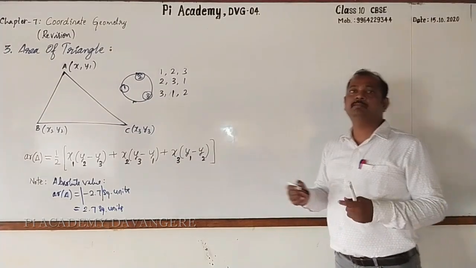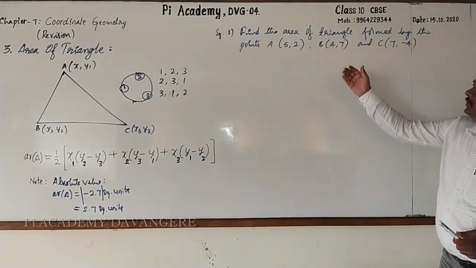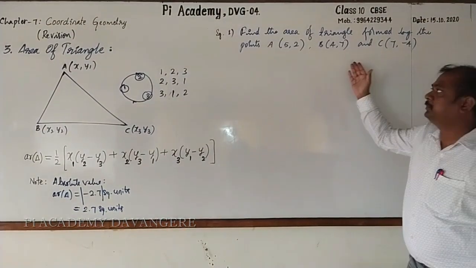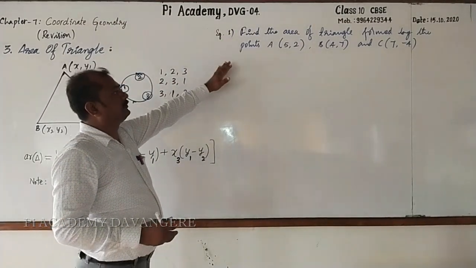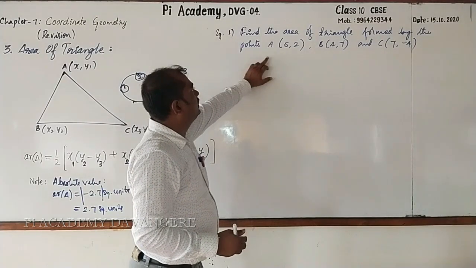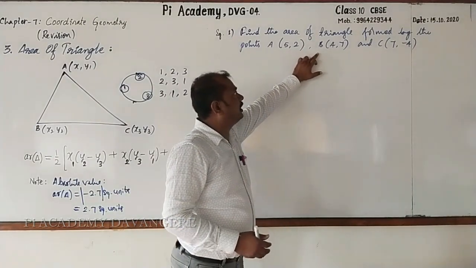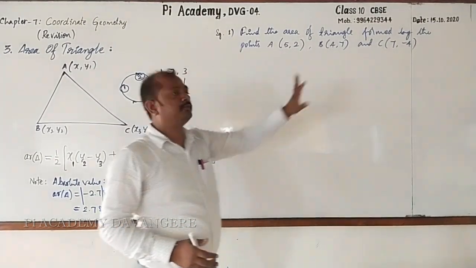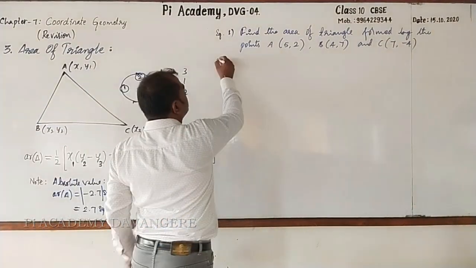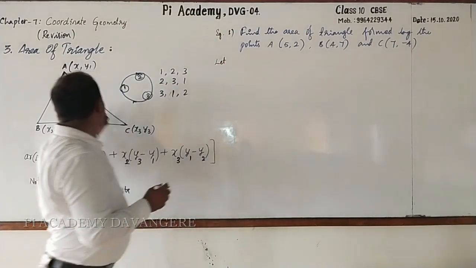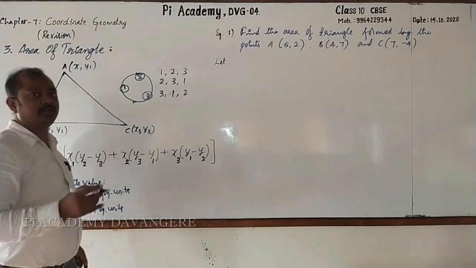I'll take a simple example. Here we have a simple example. Please go through this. Find the area of the triangle formed by joining the points A of 5, 2, B of 4, 7 and C of 7, minus 4. So first let us take these coordinate points as x1, y1, x2, y2 and x3, y3.